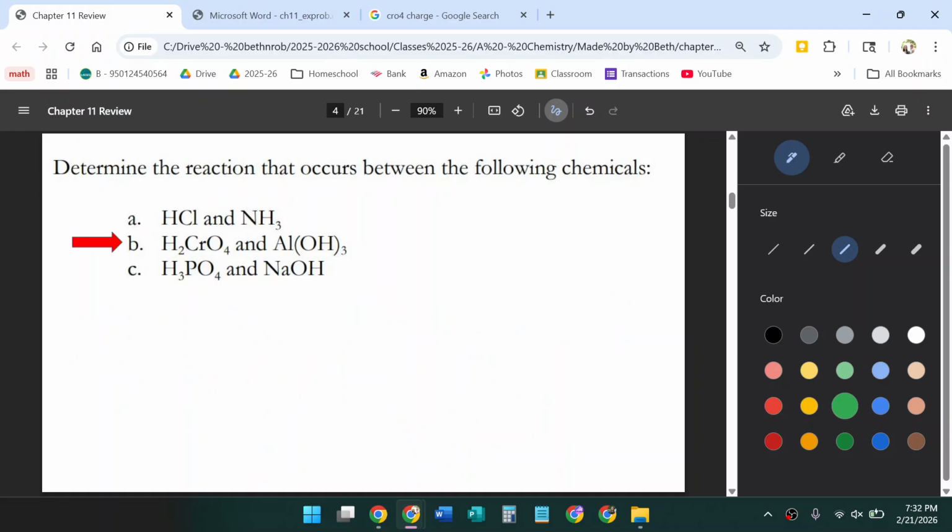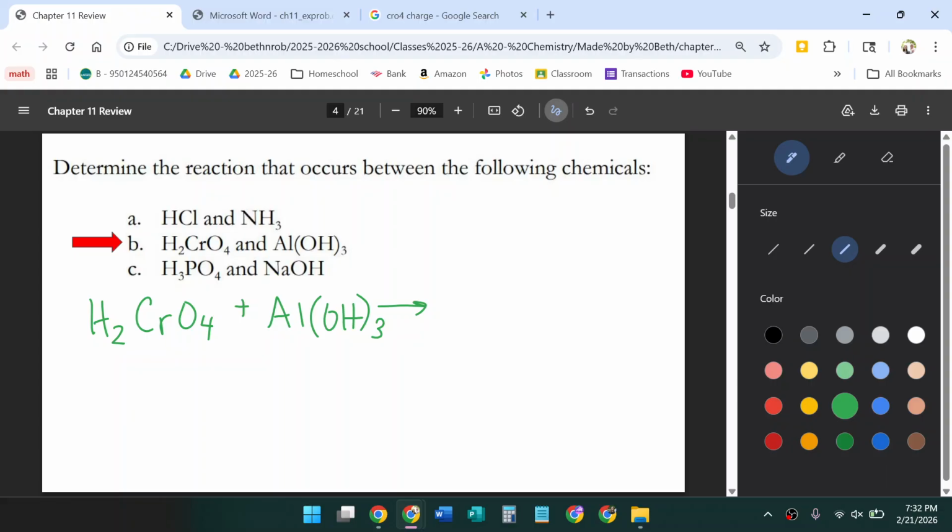Okay, the next one, it gets a little bit trickier. So we start with H2CrO4, and we put that with AlOH3, and that's going to make, and that's where we have our question.